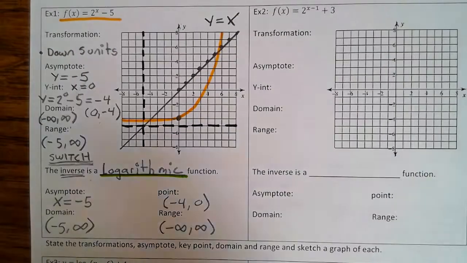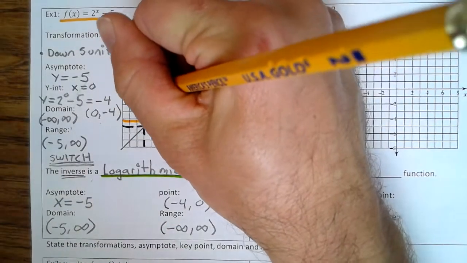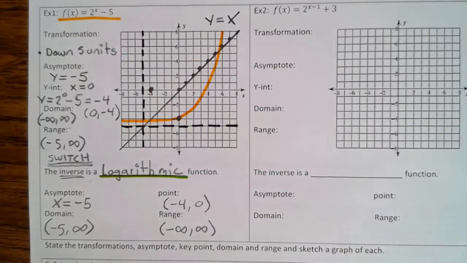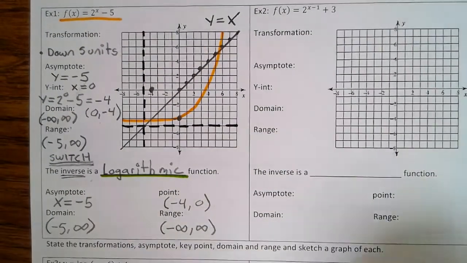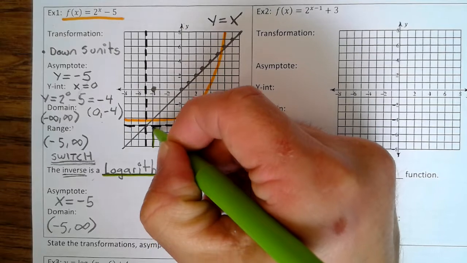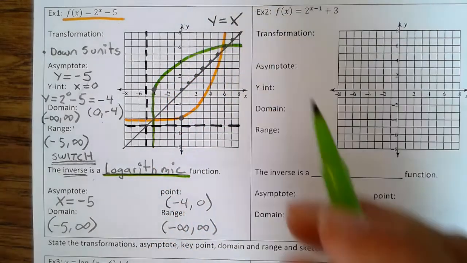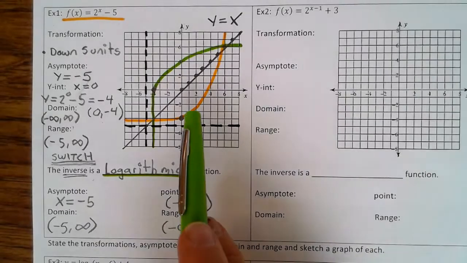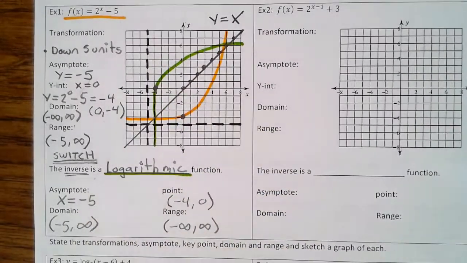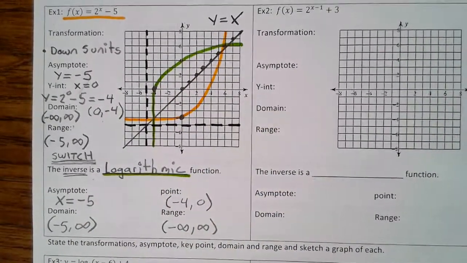And the point -4, 0. Now, for a log, it actually comes up and curves. So it's going to go here. And you can see that these reflect over the y equals x line, so we've graphed the inverse correctly.